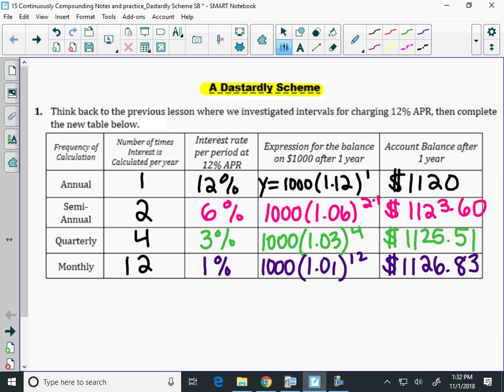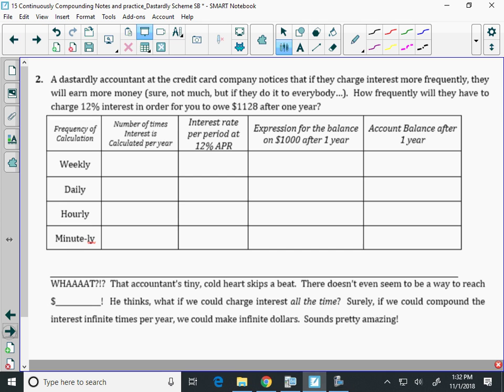Well, there's this accountant. So it's a dastardly accountant, evil, cruel, wicked. This wicked guy works at the credit card company. And remember, credit card companies want to make money. That is the point of being a business. They want a profit. And he notices that the more frequently they charge interest, the more money they make, right?